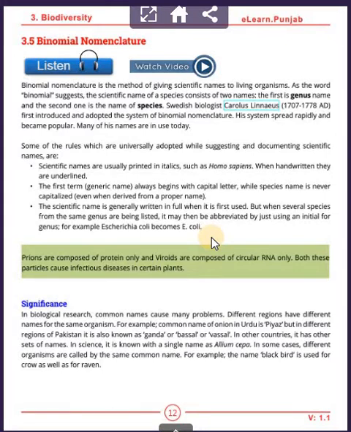For example, the common name of onion in Urdu is pyaz, but in different regions of Pakistan it is also known by other names. Like a single living thing had different names. So they worked on it and gave a scientific name, that is Allium cepa, that is universally accepted by the scientists.